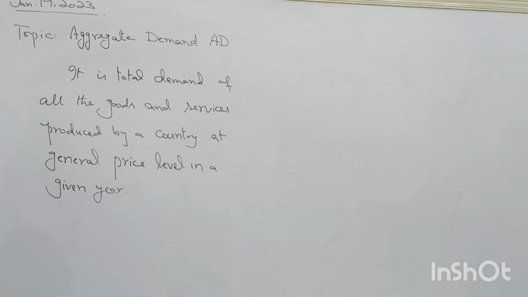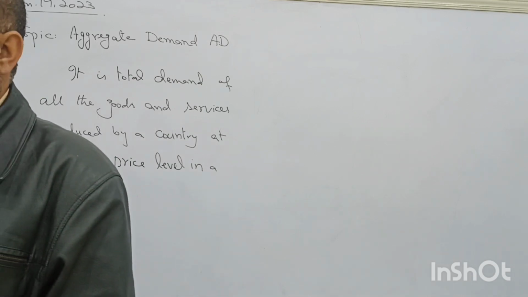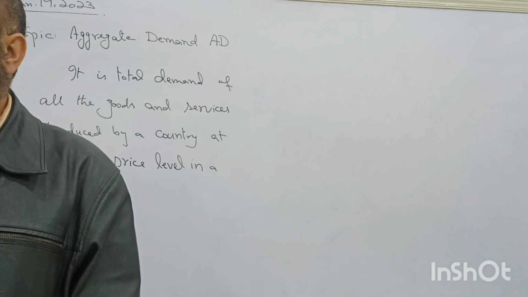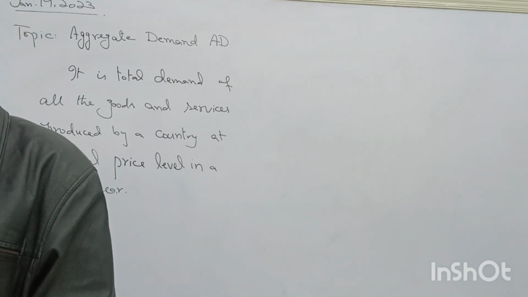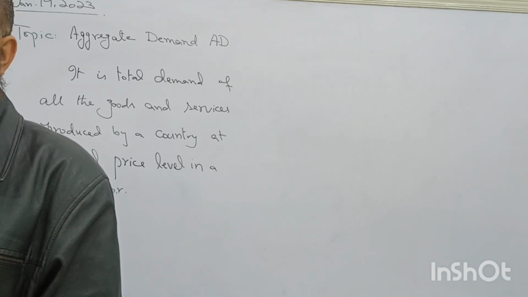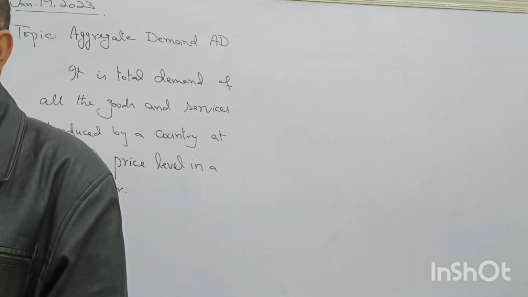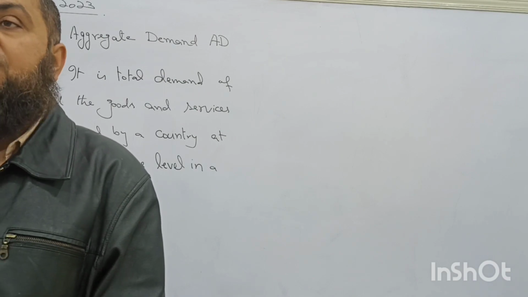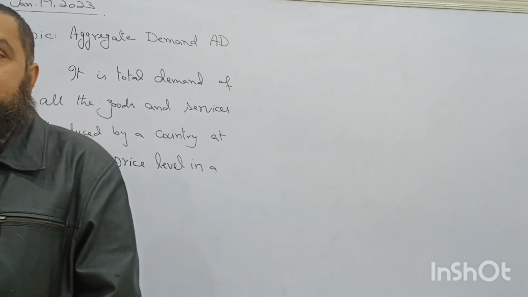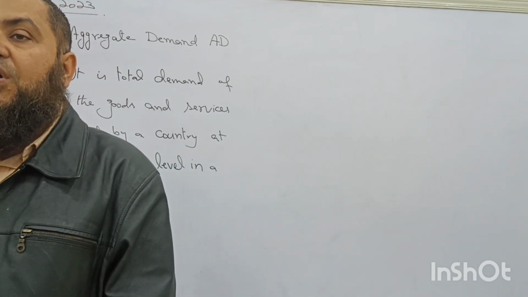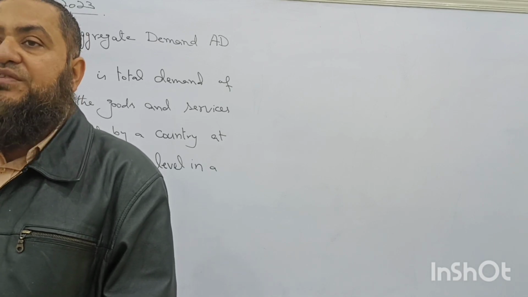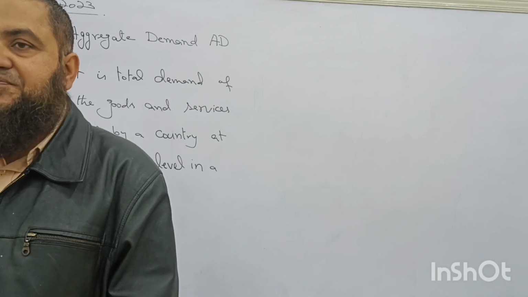Why do we say general price level? Because in microeconomics we studied the price of the product itself. That was a single product demand. Here we find so many goods and services which are produced by a country, so we take a general price level, somehow the average price level of all the goods and services, and that is going to have a relation with the real GDP.